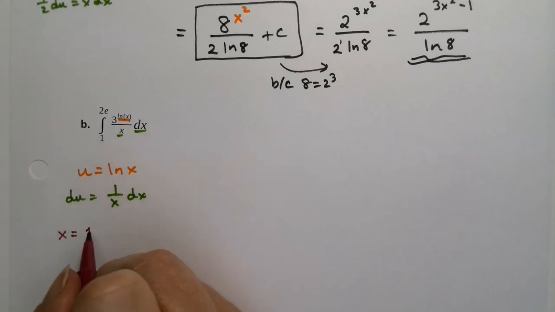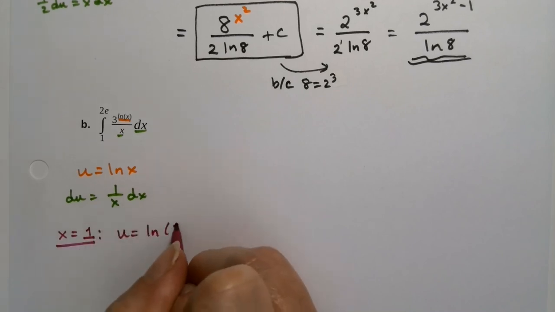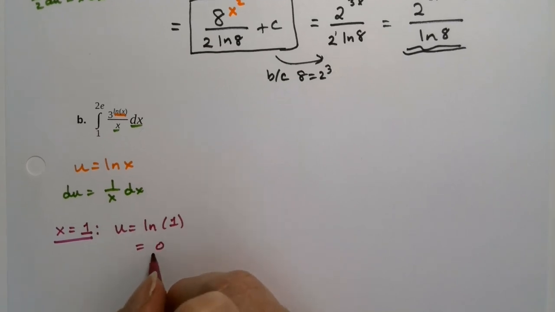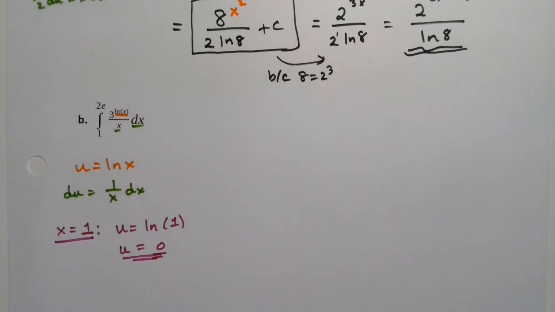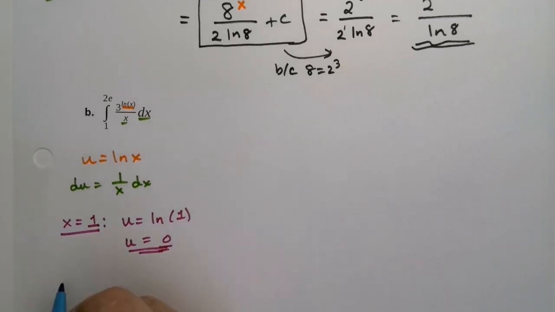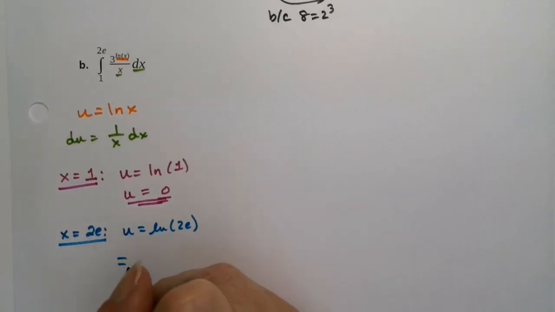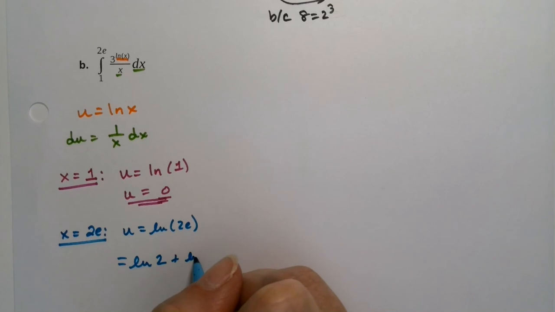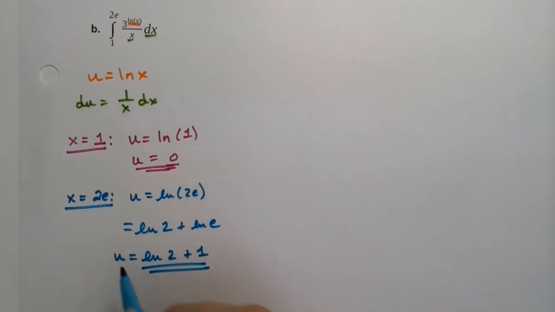Now what we have to do a little bit of work is the numbers for the definite integral. So when x was equal to 1, u is equal to the natural log of 1, which is 0. So we're going to go from u equals 0 as our lower number of integration, and then our upper number would be when x is equal to 2e, u is equal to the natural log of 2e, which is the natural log of 2 plus the natural log of e based on the logarithmic properties, which is the natural log of 2 plus 1, believe it or not.